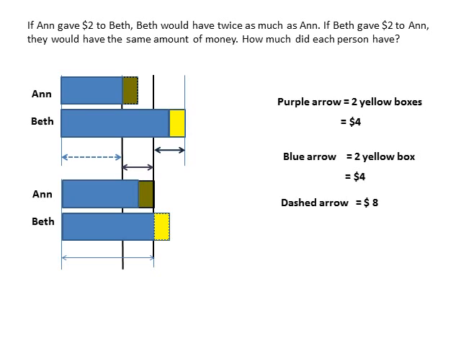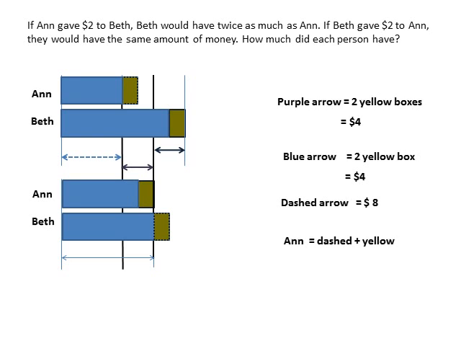I'm not so sure if you can see that right away, but if you do some practice and do this one on paper, it'll make more sense to you. So the dashed arrow is $8. Therefore, if you look at Anne's original box, Anne's money would just be equal to one dashed arrow plus one yellow box.